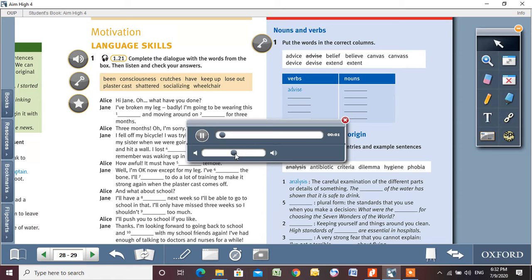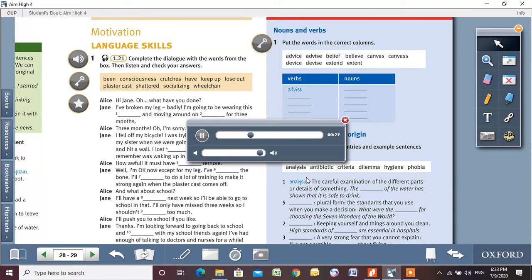Unit 3, page 29, Language Skills, Exercise 1. Listen and check. Hi, Jane. Oh, what have you done? I've broken my leg. Badly. I'm going to be wearing this plaster cast and moving around on crutches for 3 months. 3 months?